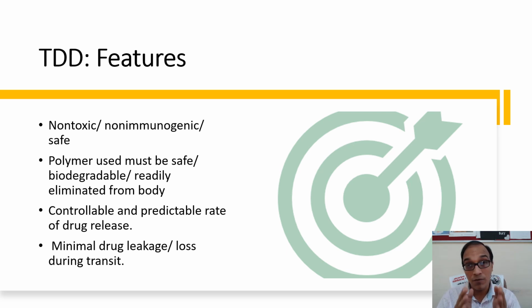We have to focus that the polymer must be selected very attentively, okay, with full study of pre-formulation. Controllable and predictable rate of drug release is there with the targeted drug delivery system, and there is minimum drug leakage and loss of drug during transit when we are delivering the drug in the form of targeted drug delivery system.